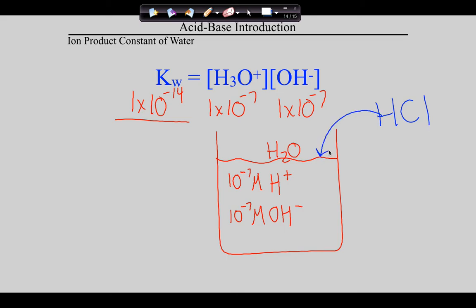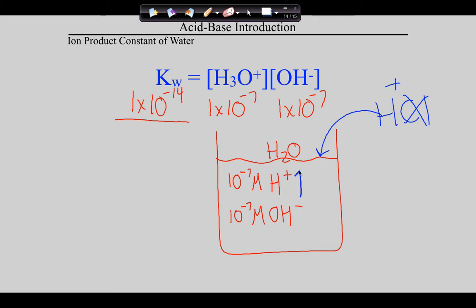Guys, when we dump acid into this water, which molarity changes? Acid is a source of what? Hydrogen ions. So guys, when we add this acid, what we're really adding is hydrogen ions. As we add hydrogen ions, what's going to happen to the concentration of hydrogen ion?